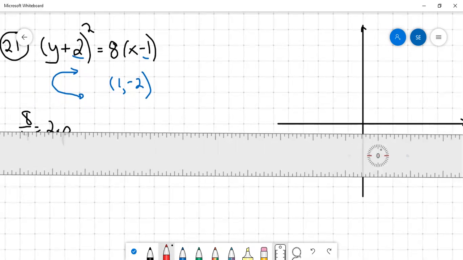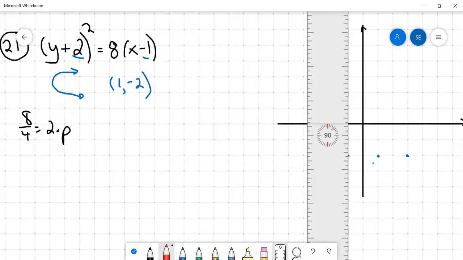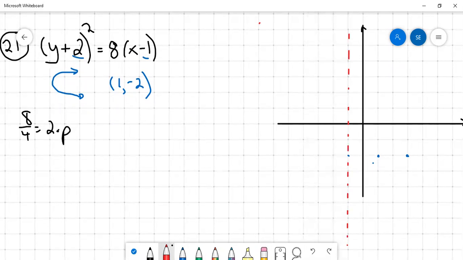I'm just going to use this to draw my line because I can't draw straight lines. This becomes my directrix. When I have a parabola opening this way, this vertical line is going to be my directrix. So this is x equals -1.